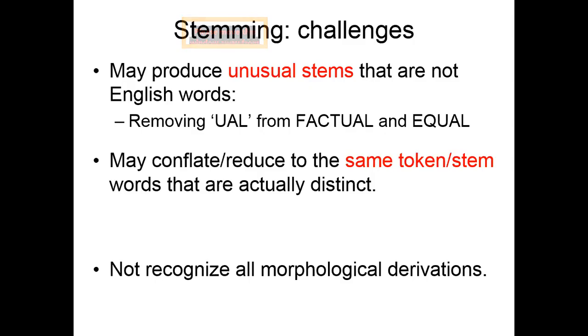UAL is also a suffix. If you remove UAL from factual, it doesn't affect anything, we'll get fact. But if you remove it from equal, the remaining is two characters, and the Porter stemmer removes UAL and leaves EQ.